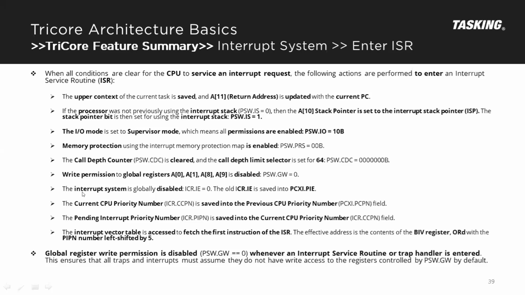The interrupt system is globally disabled by setting the interrupt enable bit inside the ICR register to 0, and the old value is saved inside the previous context. The current CPU priority number is also saved in the previous context, and the pending priority is set as the current priority for the CPU. After all these steps, I end up fetching the instructions from the vector table. So this is how it works.